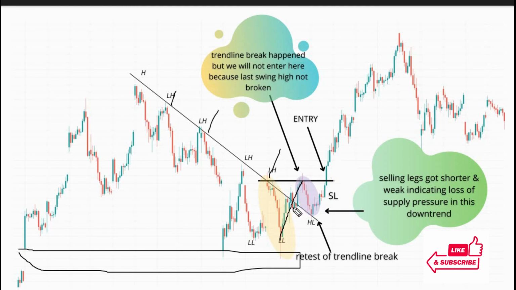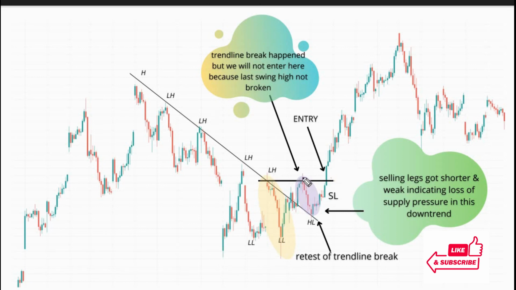In the fourth attempt it broke this trend line, but we will not enter here because it just broke the trend line and just above it there is a very important supply area, so we will ignore that trade. Then what happened? Then again sellers tried, but what happened now?